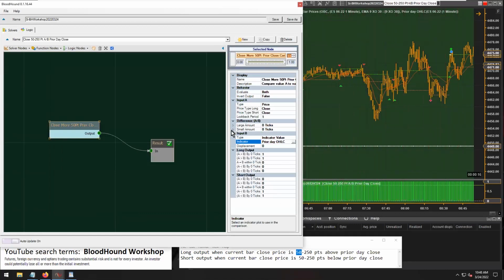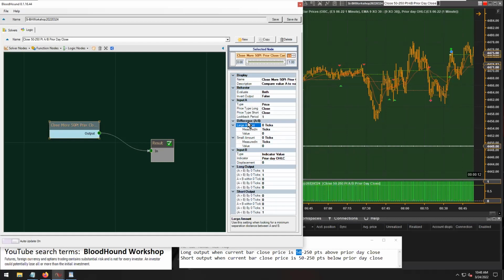And so next, we need to put in our difference. We want our measurement units in points here. So set that to points, and then we can plug in 50 points, like so.